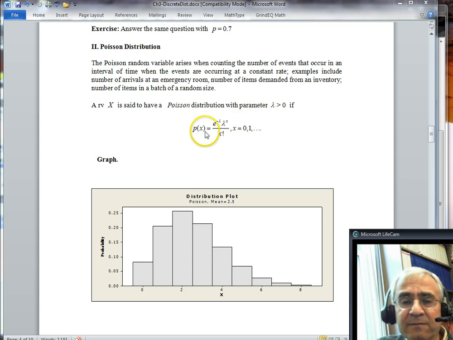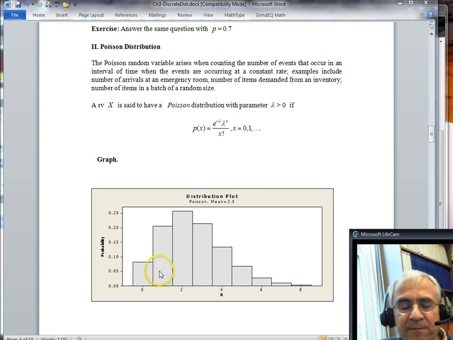And so if I want to calculate p of x, it's going to be e, which is an irrational number like pi, I'll give you an approximate value of this in a minute, raised to the power minus lambda, lambda raised to the power x over x factorial. The possible values of x range from 0 all the way to infinity, because as you get larger and larger x values, the probability becomes smaller and smaller, as you can see here.